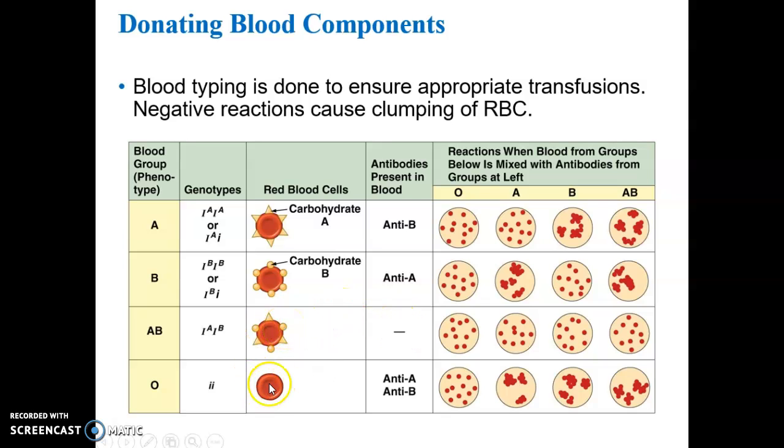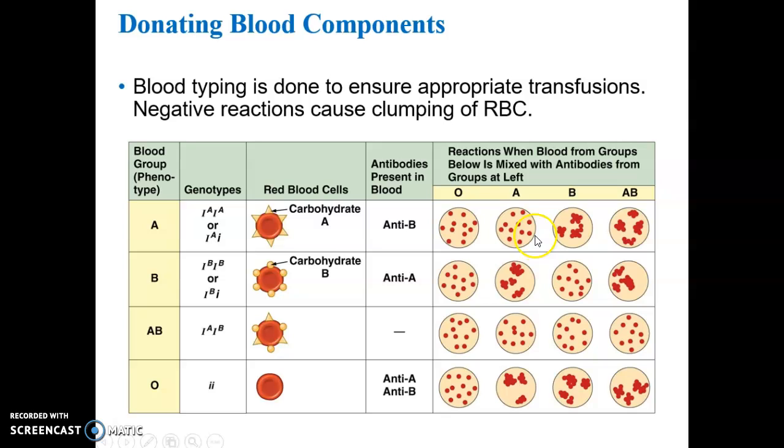Okay? If you're blood type O, you have neither of the surface molecules, so your body produces both antibodies, A and B. Okay? So that's the natural condition. Natural situation, what somebody would be if they're blood type A, B, AB, or blood type O.